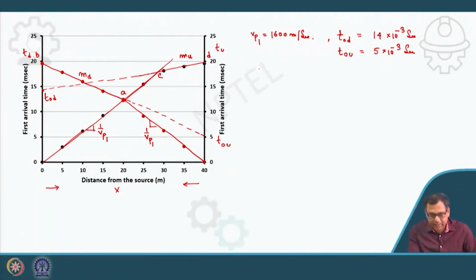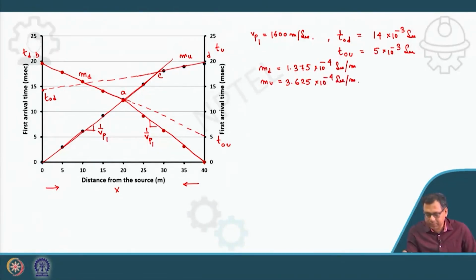So if you draw, the md value is coming out to be 1.375 into 10 to the power minus 4 second per meter. All these slopes I am getting from this graph. Okay, and mu I will get 3.625 into 10 to the power minus 4 second per meter.